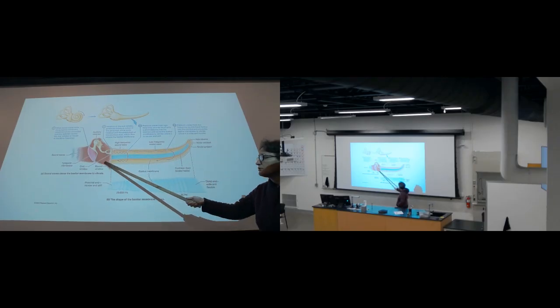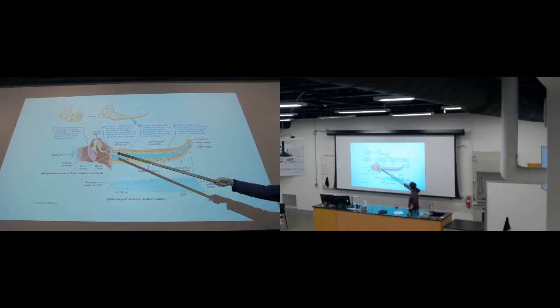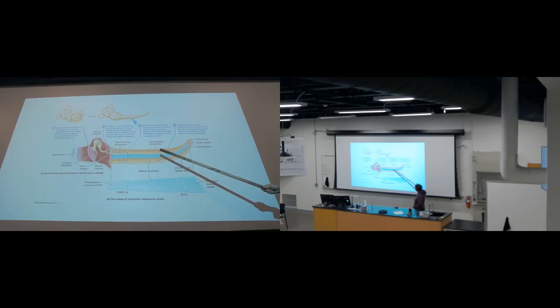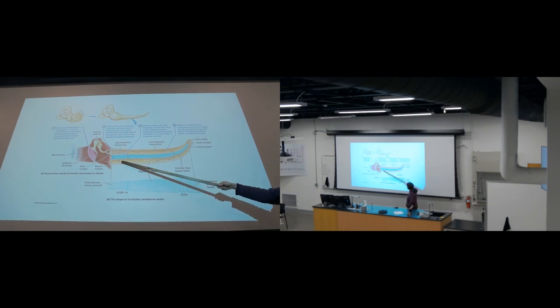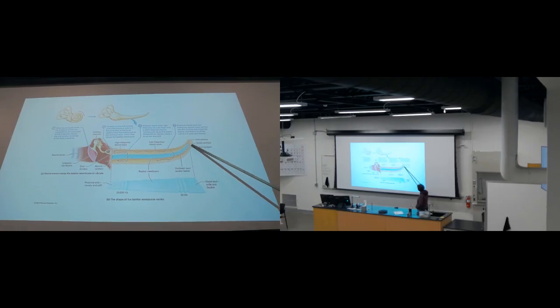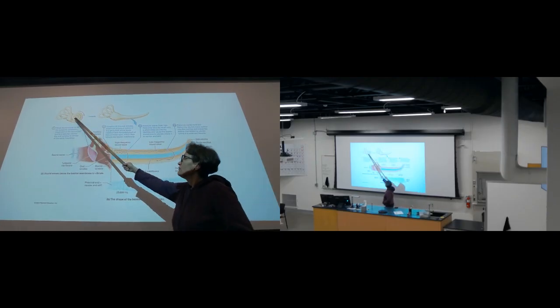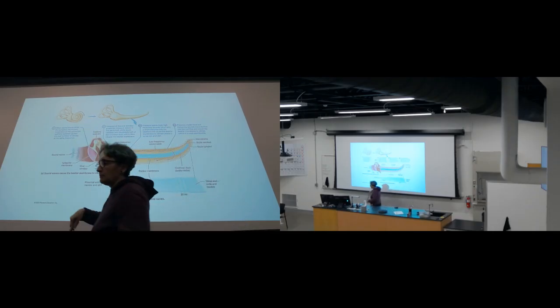And whatever pressure is in excess will exit through this round window. So everything is just transferring pressure from the middle ear into the inner ear. High frequency sound waves will be detected in here. Low frequency waves will be close to this helicotrema. So high frequency waves, low frequency waves there.